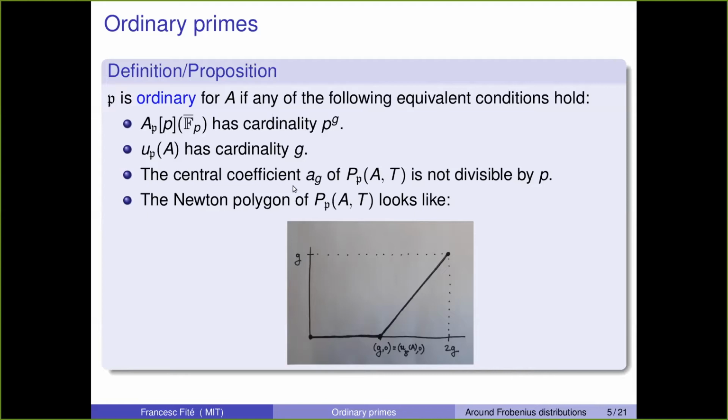By saying that the central coefficient of the characteristic polynomial is not divisible by p, I'm also telling that the Newton polygon passes through the point g comma 0 in a vertical way, if you want. So the second and the third conditions are equivalent to the fourth one, and in fact these are the ones that you should keep in mind in this talk.